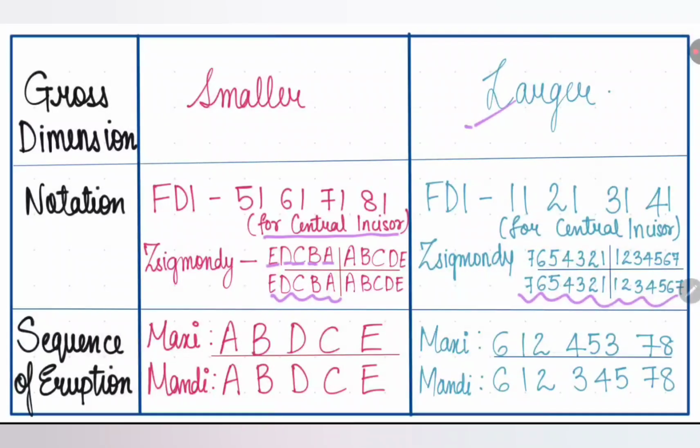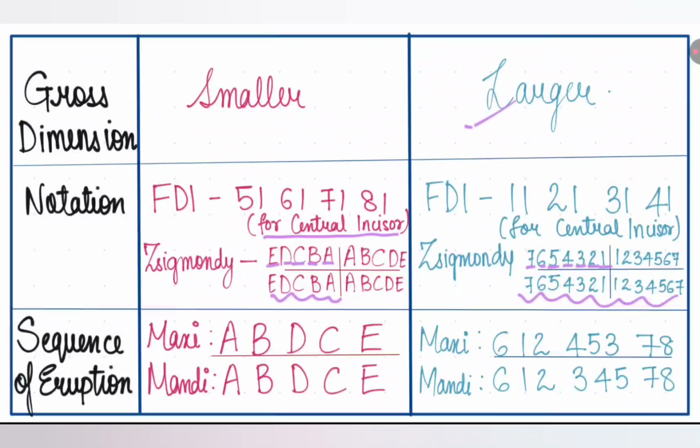In permanent dentition, we have numbers 1 to 7, which stand for central incisor, lateral incisor, canine, first premolar, second premolar, first molar, second molar, and there will be 8 also for third molars respectively. Now the sequence of eruption.